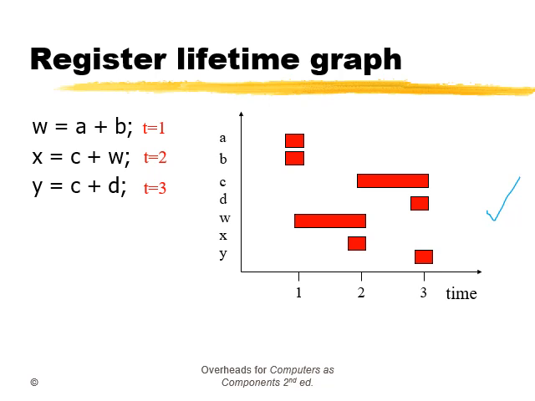So the time basically defines the statement, so A and B, and the result comes in W. So in that particular statement we are using three registers, and then we hold the value of W because in the second statement we are going to add C with W and the result will be X, and then we will hold the value of C because we are going to use this register again. So C and D.